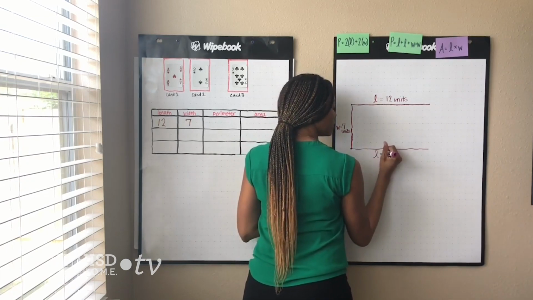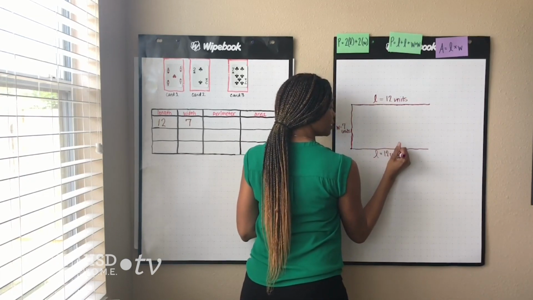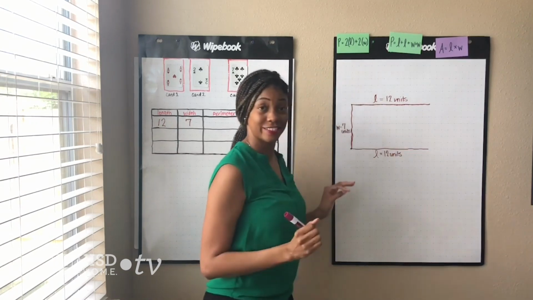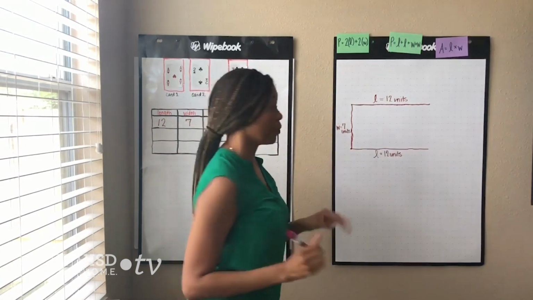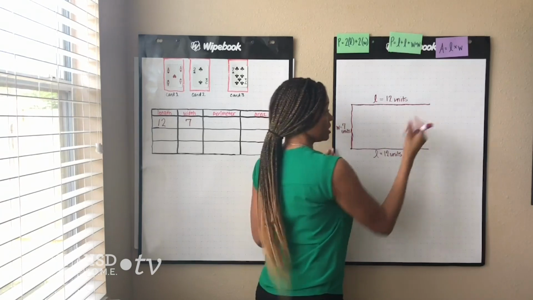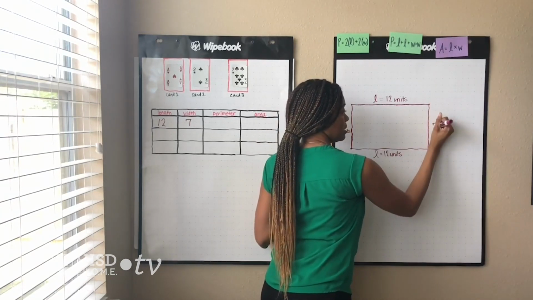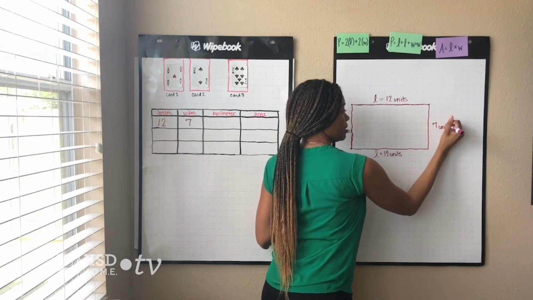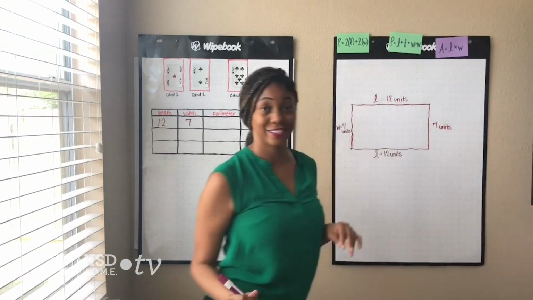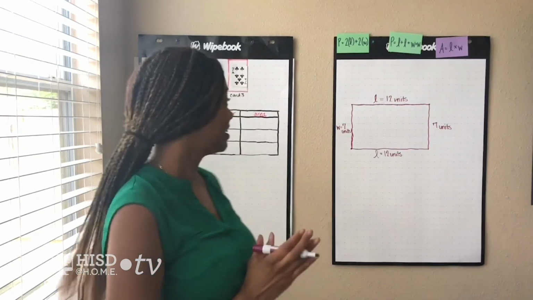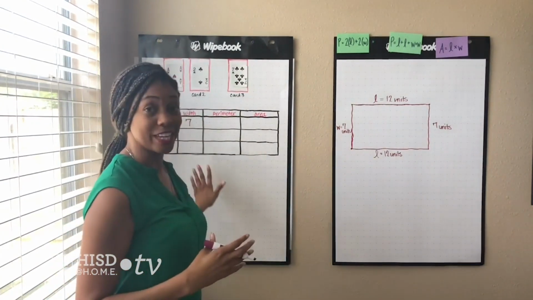Length equals 12 units. And then I'm going to do my width. If this width is 7 units, that means this width is also going to be 7 units. All right. So now we have our rectangle created.